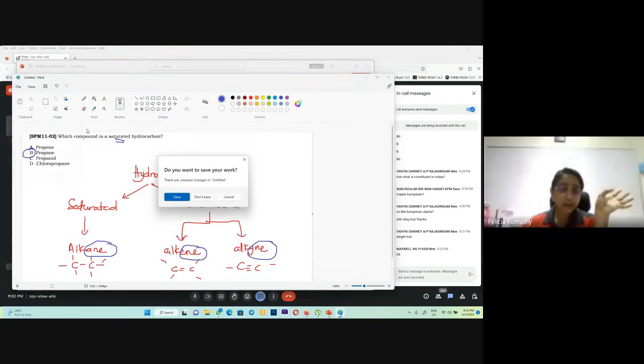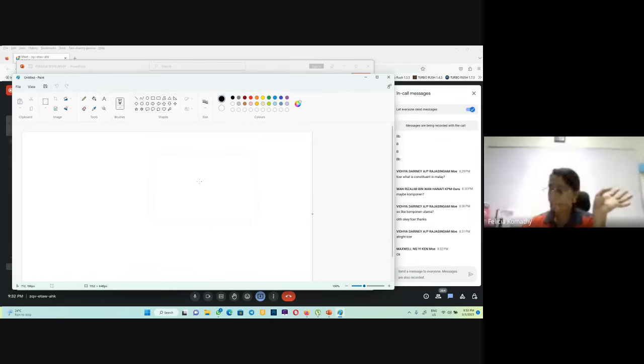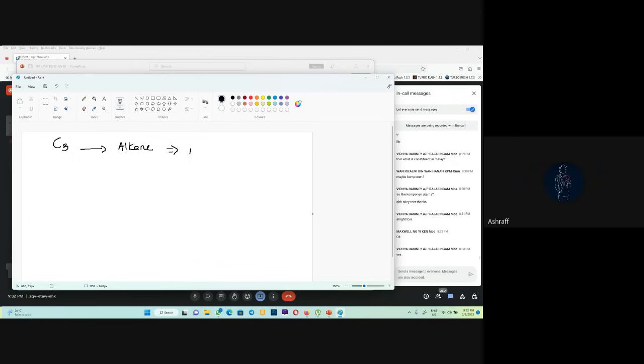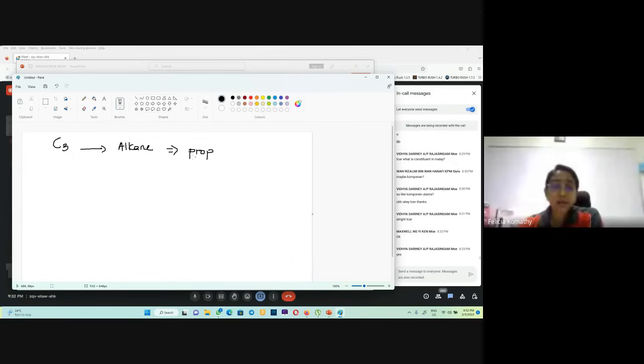For example, let's say carbon 3. If it's carbon 3, alkane, what's the name of the substance? Student? Carbon 3, propane. Because for carbon 3 the prefix is prop, and the ending must be A-N-E, propane.